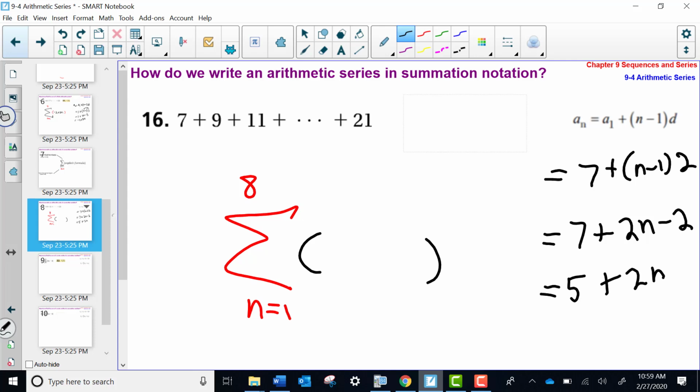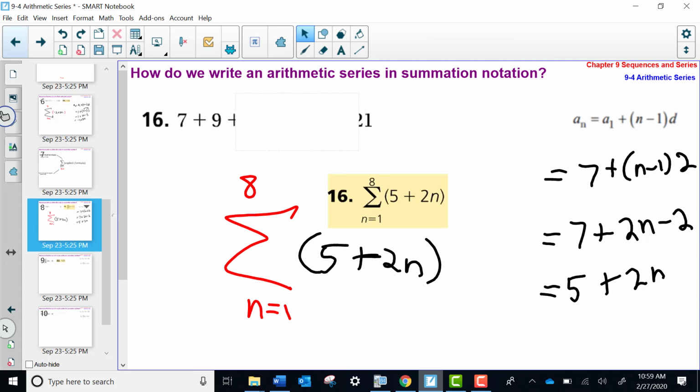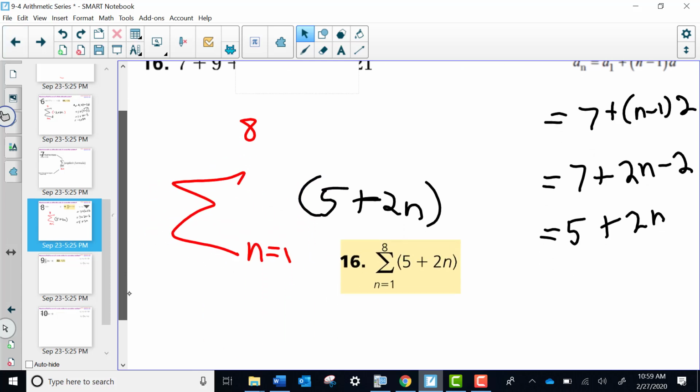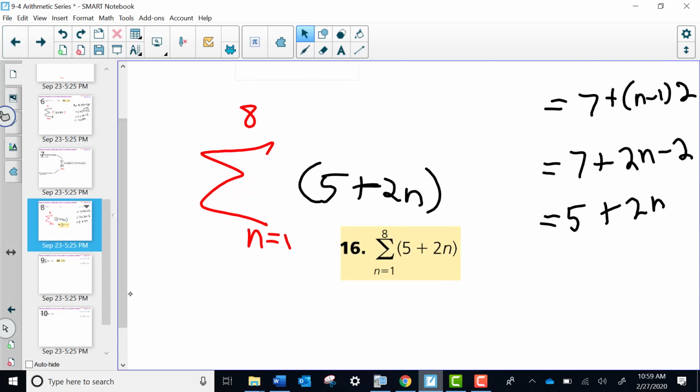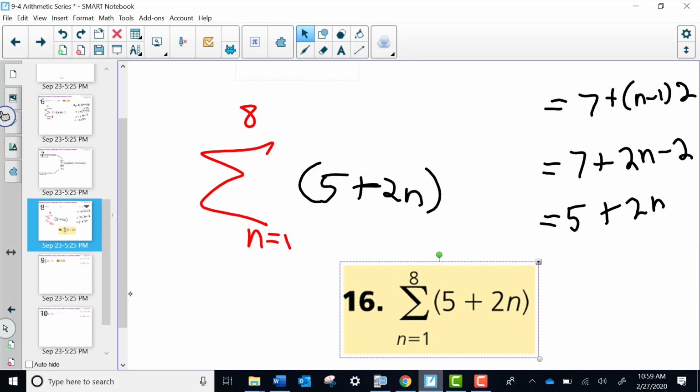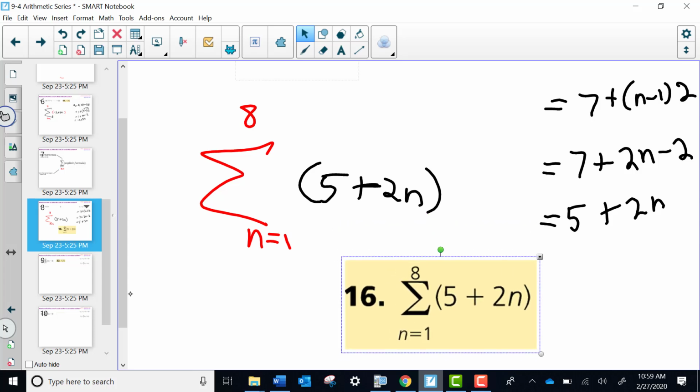So 5 plus 2n is the explicit formula. And this is our summation notation here. 8 on top, n equals 1 on bottom, 5 plus 2n. Does it matter whether you put 5 or 2n? Doesn't matter, you can do 2n plus 5.